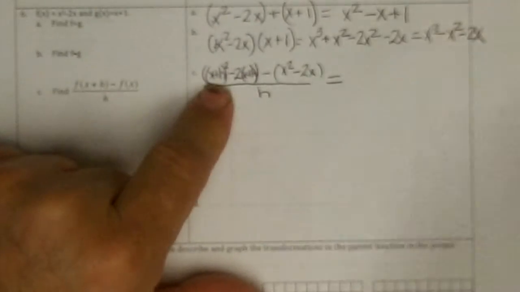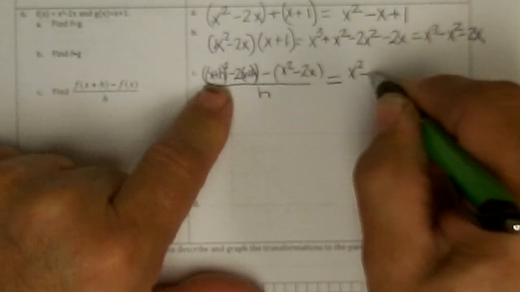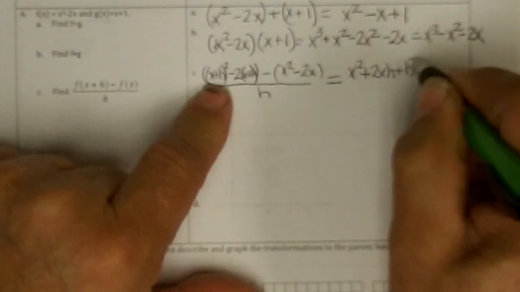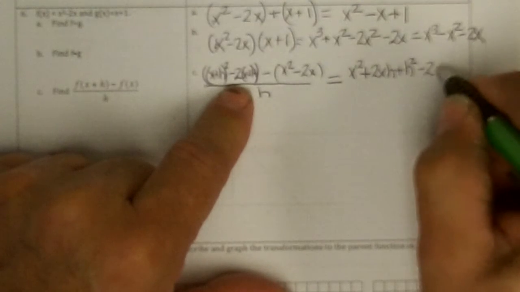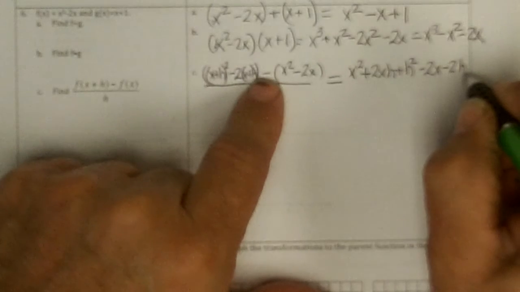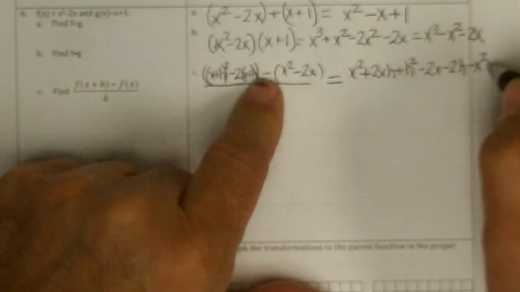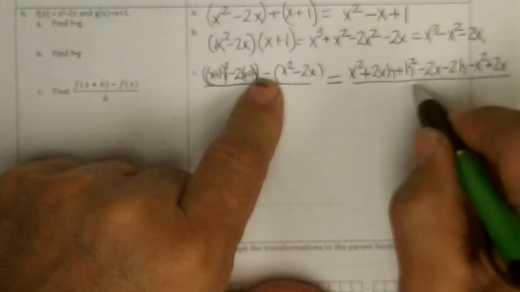X plus h times x plus h, you should know by now, is x squared plus 2xh plus h squared. Minus 2 times x plus h is minus 2x minus 2h. This minus gets distributed, so we get minus x squared plus 2x, all over h.